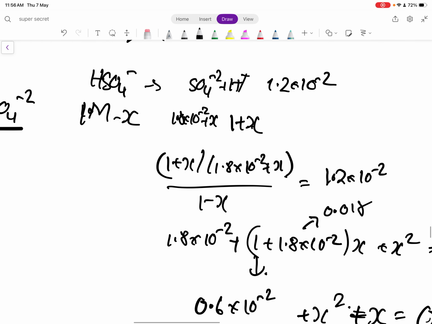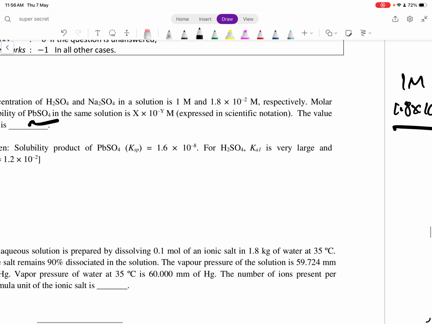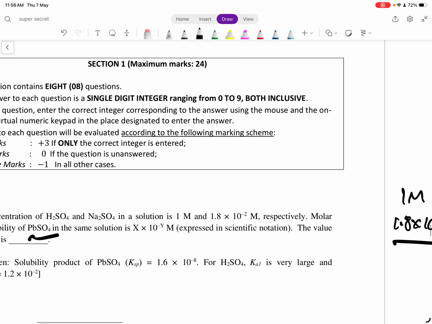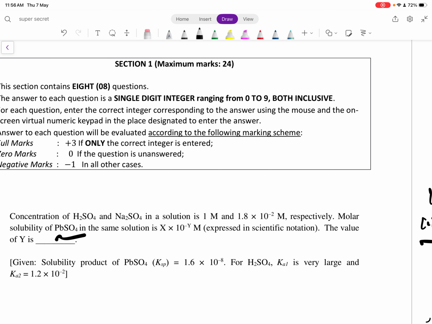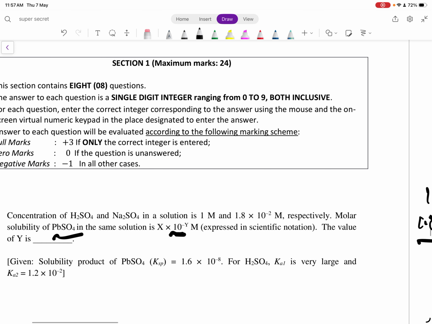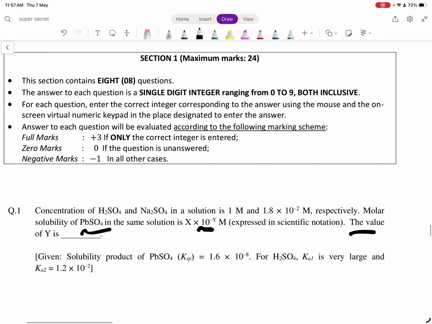We are getting X to be negative regardless. Okay, but they're asking only Y though, right? They're asking only the value of Y. They're only asking the order of magnitude.